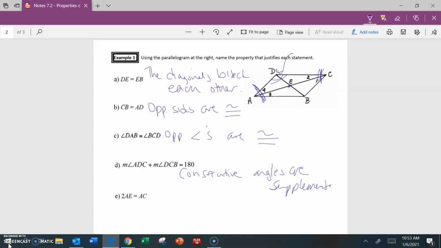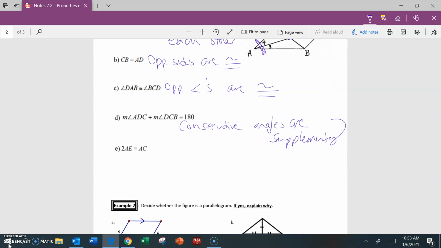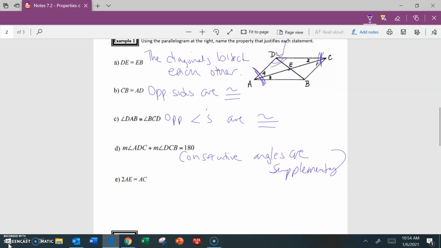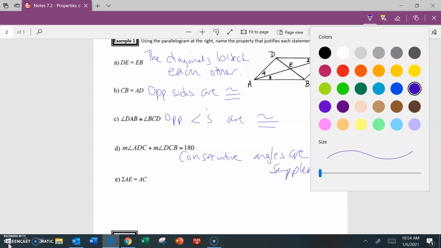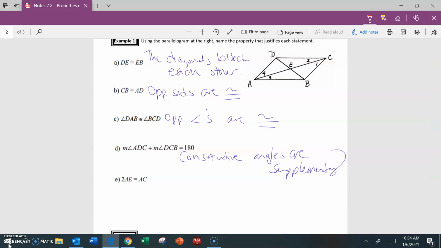There we go. Okay. And then finally, you've got to be careful with this one, students sometimes struggle with it. I'm going to erase this so I can go back to my diagram and mark on it. They struggle with understanding what this 2 times AE means. So here is AE. If you have 2 of them, basically what it's saying is that it's the same as that whole thing.